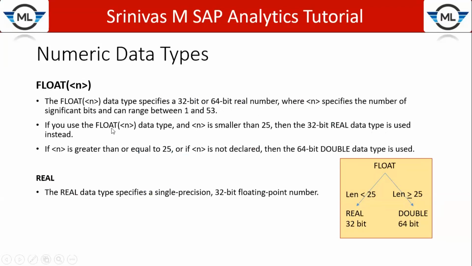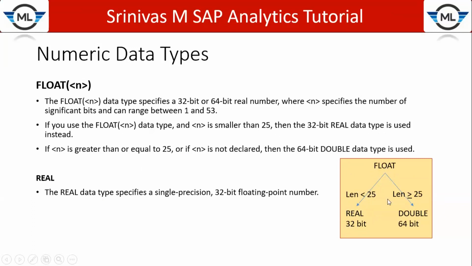And the next point is, if the value you are giving next to float is less than 25, the system stores this column as a real data type. Real is another data type. Float is the main parent one. If you give a length less than 25, then the system will consider this column as a real data type.